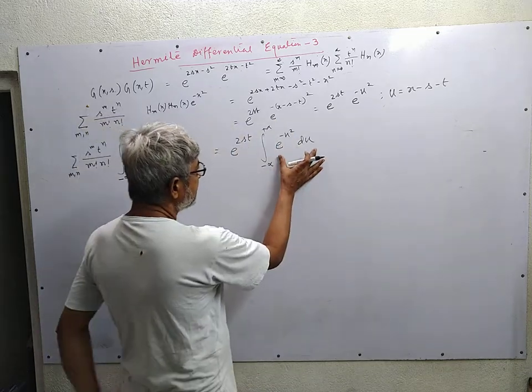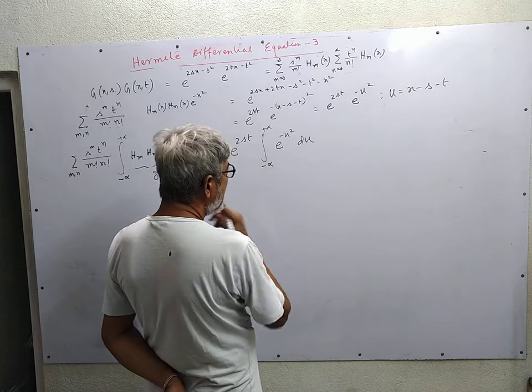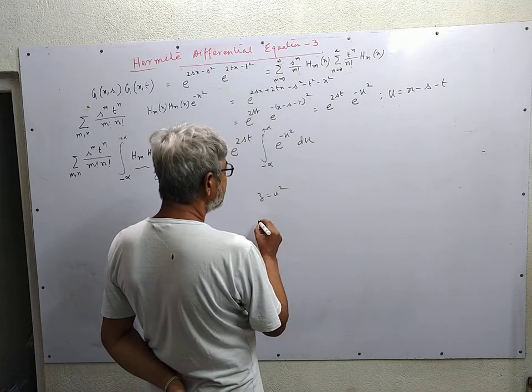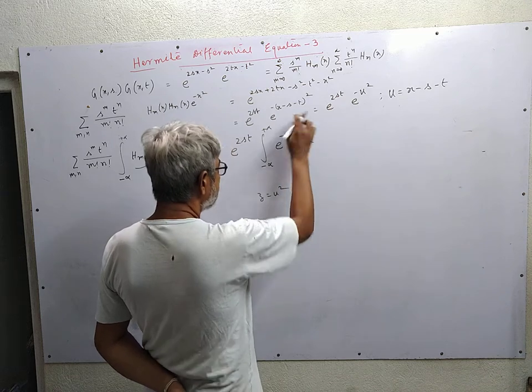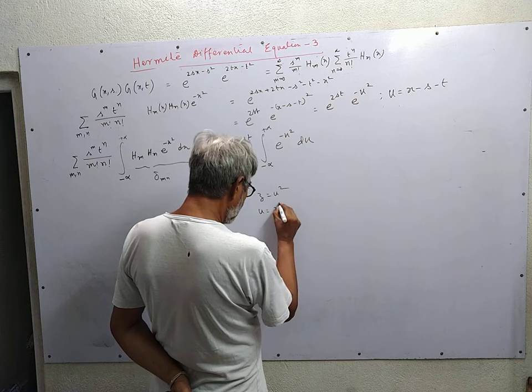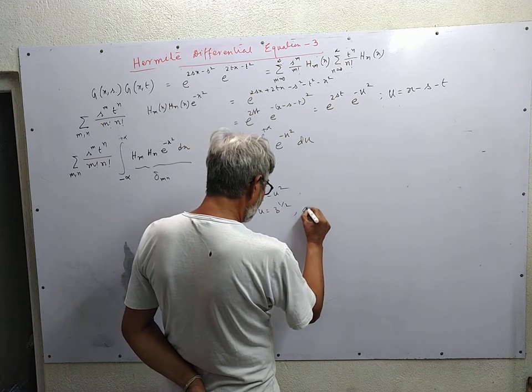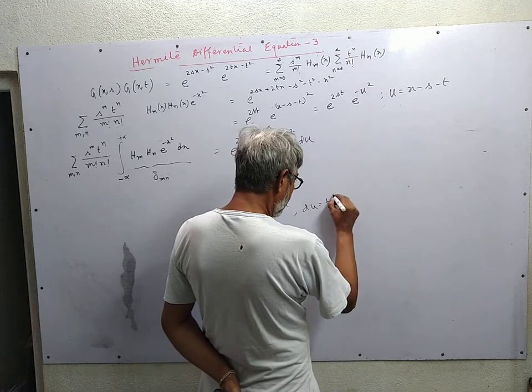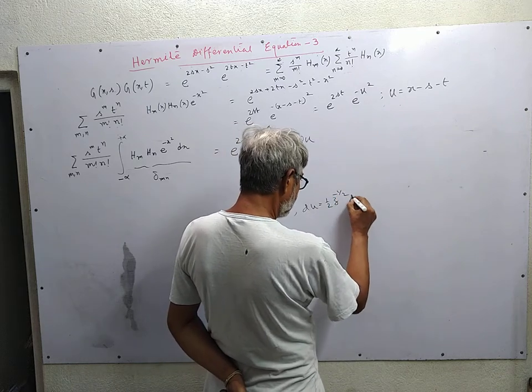In this integration, if we introduce z equal to u square, then this is e to the power minus z, and u is equal to z to the power half, so du is equal to half z to the power minus half dz.